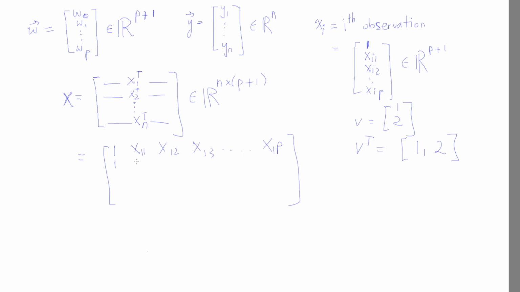The second row is for the second observation, so x21, x22, all the way to x2p, and then we keep going like this for all of them. The last one is the nth observation, xn1 to xnp. So this is why it's n rows by p plus 1 columns.